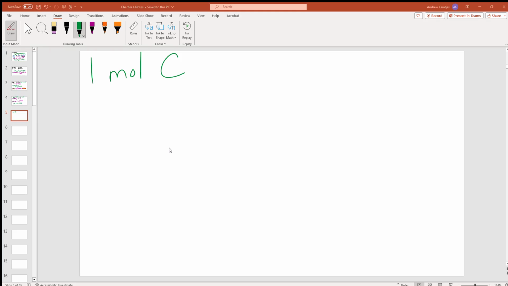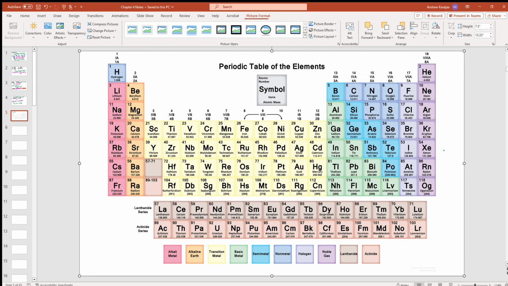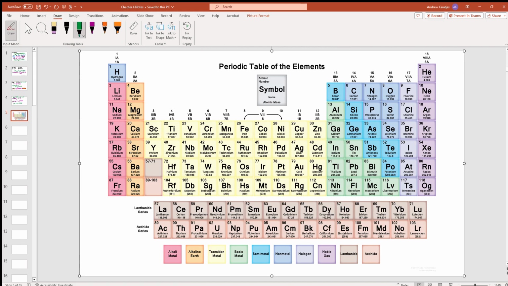But as I said, you'll want to have one with you to make life a little bit easier as we're doing these calculations. So we can read right off the periodic table. Copper, 12.011. So 1 mole of copper is 12.011 grams.